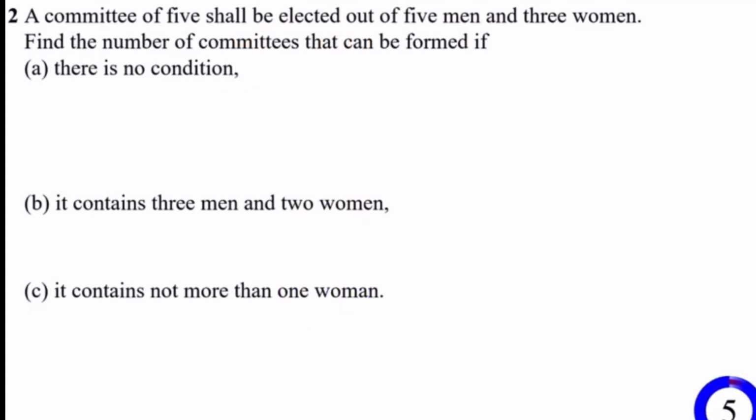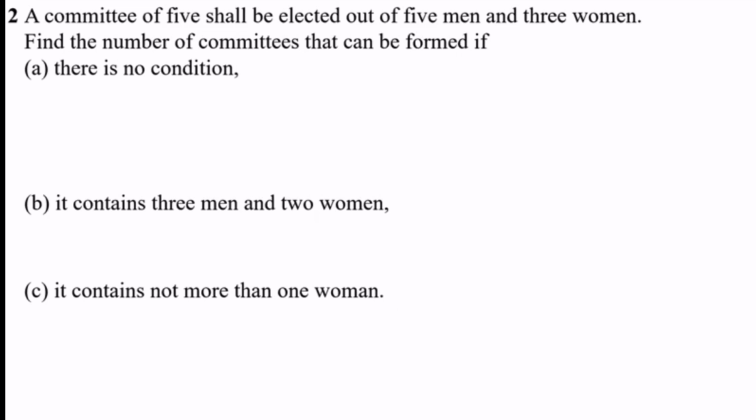A committee of 5 shall be elected out of 5 men and 3 women. Find the number of committees that can be formed if there is no condition. When there is no condition, we just choose from the total.